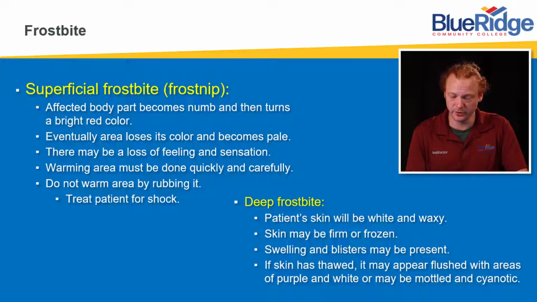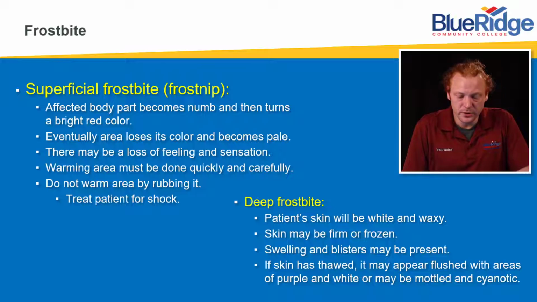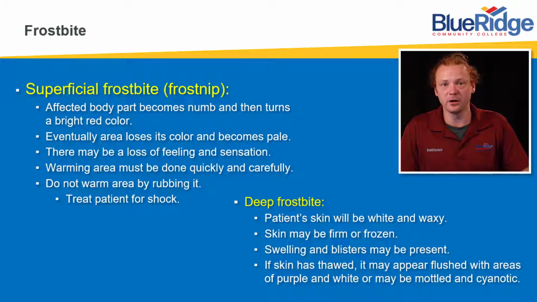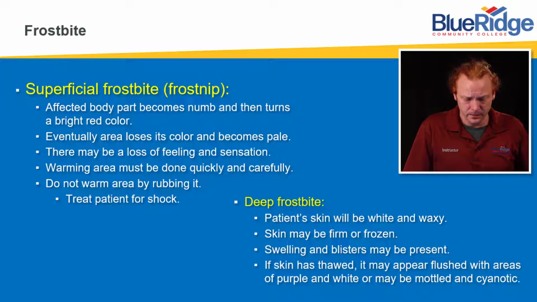Simply putting the fingers, toes, or ears next to a warm body part is enough. Do not try to warm a frostbitten area by rubbing it with your hands or a blanket, because this can cause cellular damage and further extend the injury.